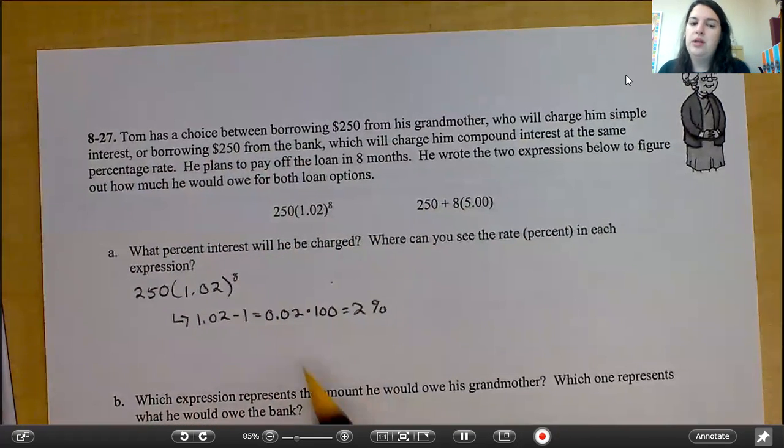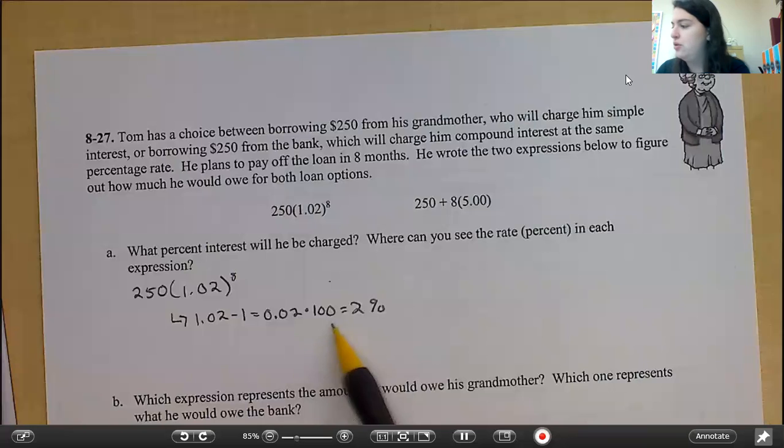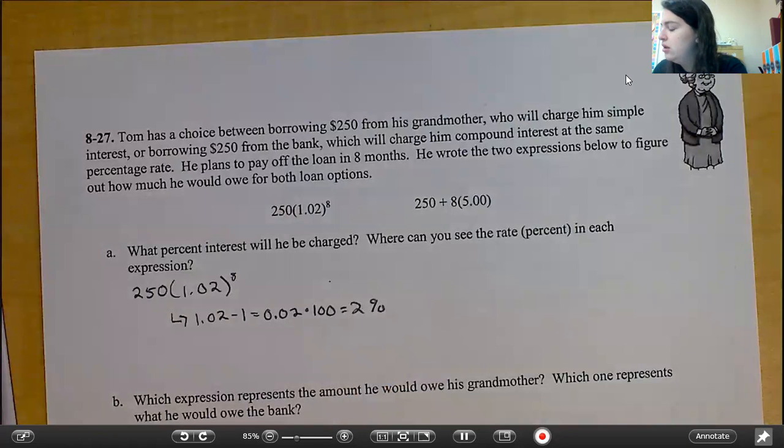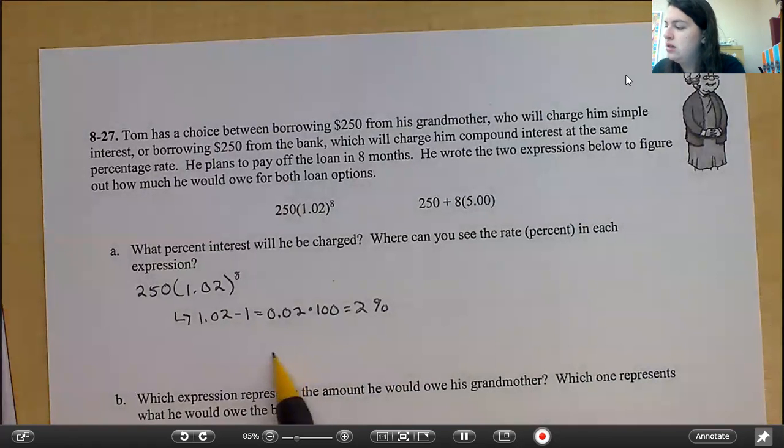Okay, we know in compound interest, our interest is right here, but we have to subtract 1 from it. We would get 0.02. We have to multiply that by 100 to get 2%. So 2% is what he will be charged in the first one.